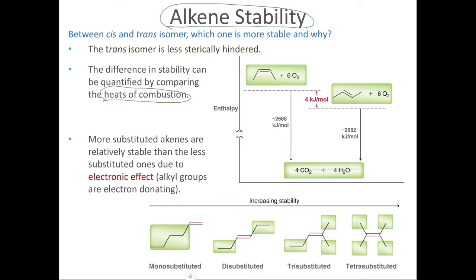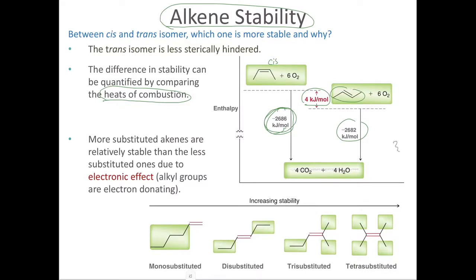For example, the trans alkene is 4 kilojoules per mole more stable than the cis alkene, which means that the cis alkene will produce more energy during an exothermic reaction. When you carry out combustion, it's going to produce more energy than the trans alkene. Compounds that are stable are less reactive. Okay, so we can use this to determine the stability.